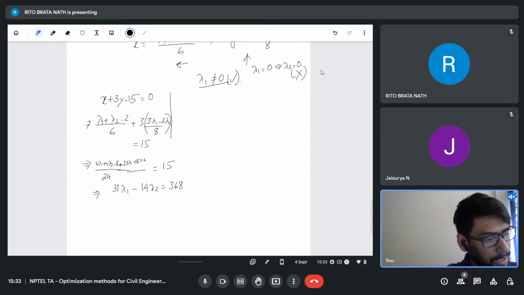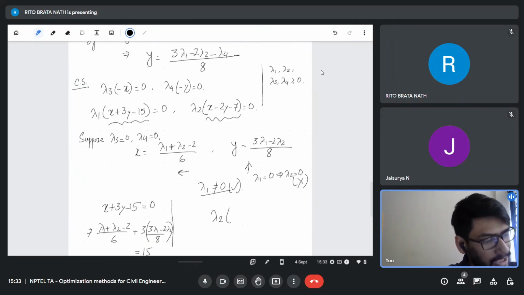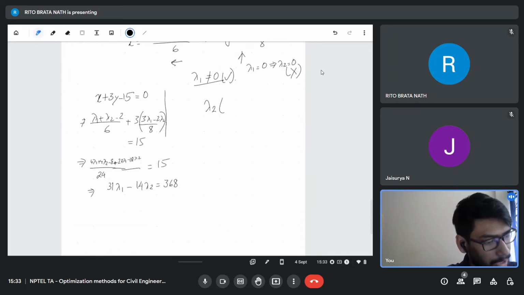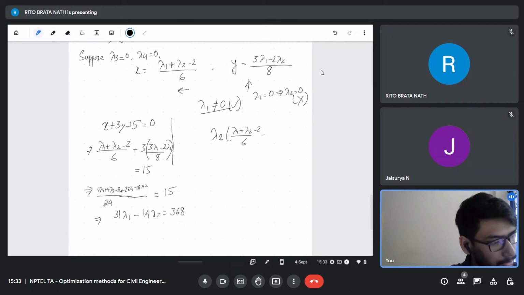And from the other side, you will get another equation that will give you lambda 2 times (x minus 2y minus 7) equals 0.